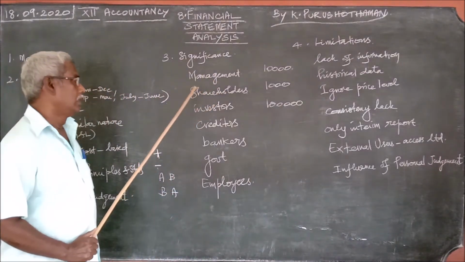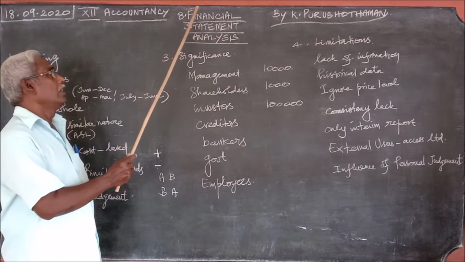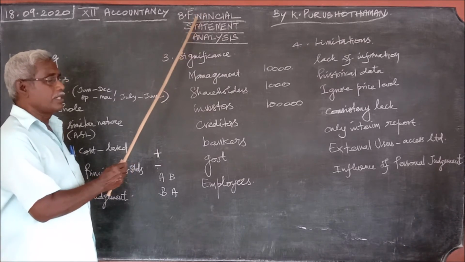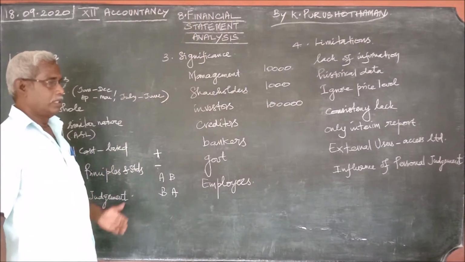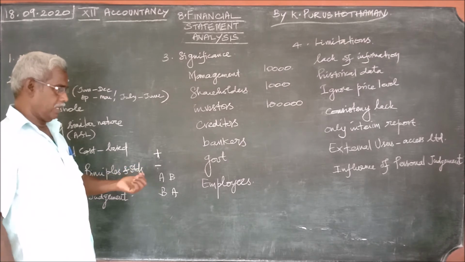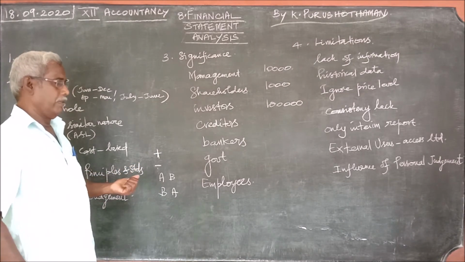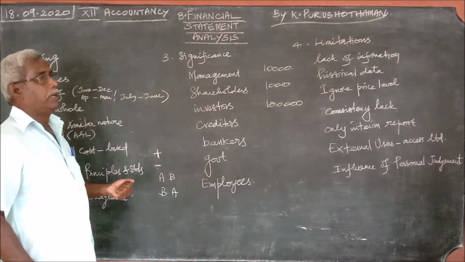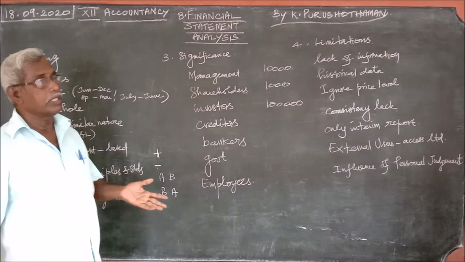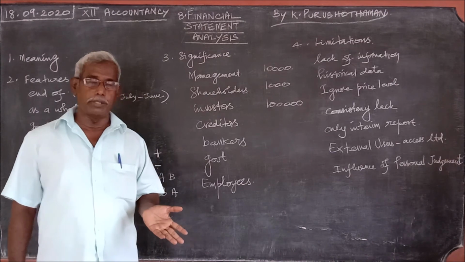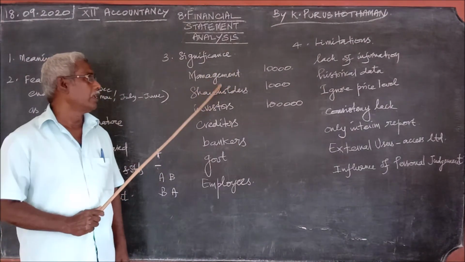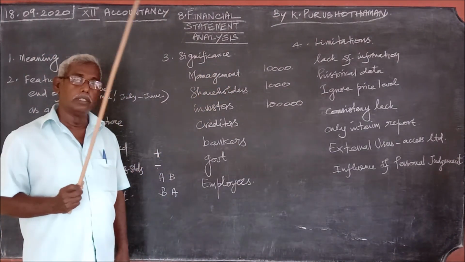See what I said, the financial statement consists of manufacturing cost, trading expense, trading account, profit and loss account, and the balance sheet. These are all certain accounts or statements prepared by the business.